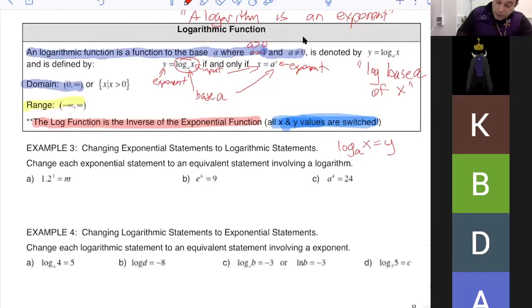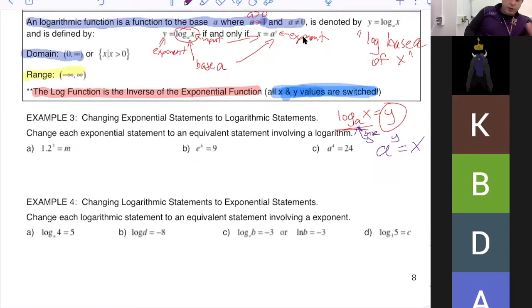So when I set this whole thing equal to y, it's telling you that y is the exponent of base a. To go from logarithmic notation to exponential notation, I'm going to rewrite this. Base is base, so a to the y power is equal to x, right? And vice versa.